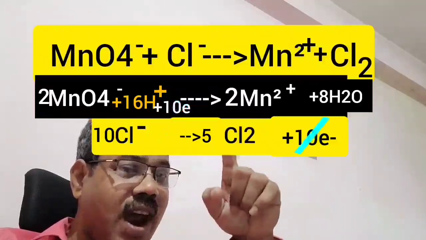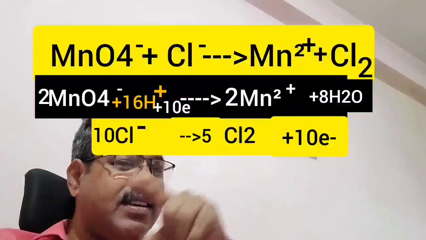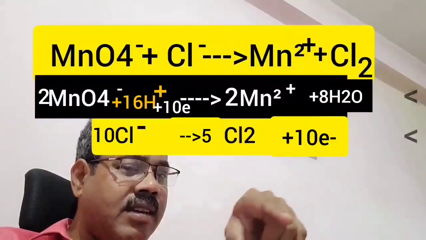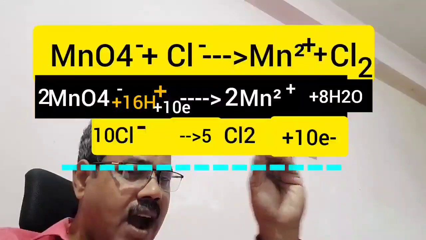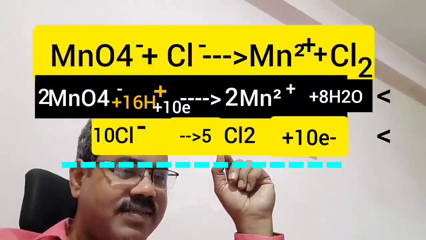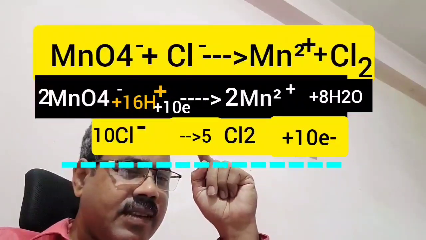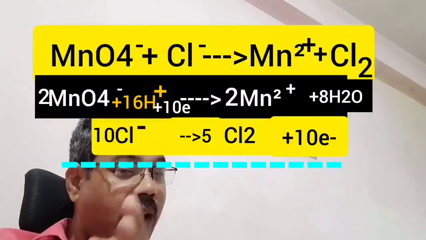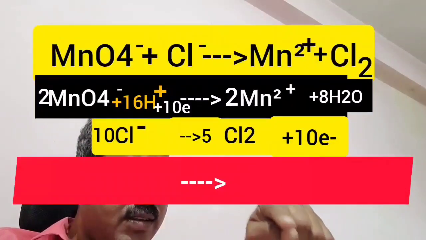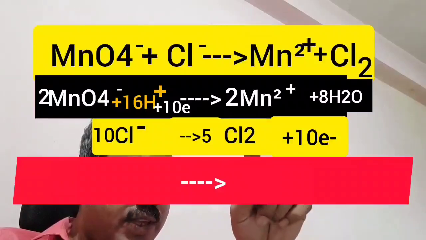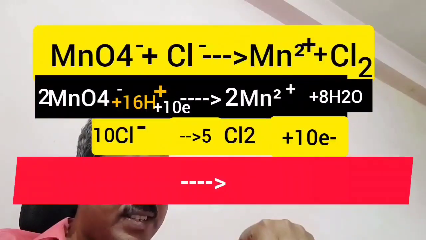After cancellation, we can add the balanced half reactions. Let us add. We can add the balanced half reactions. After adding, you will get on the left hand side, before the arrow, you just put an arrow mark over here, just below the arrow mark of the first and second equations, or first half and second half reactions.